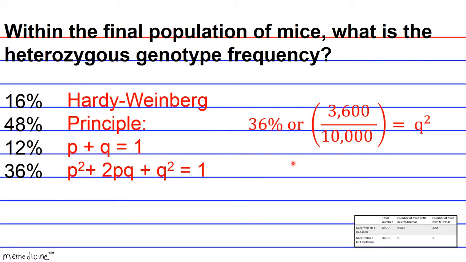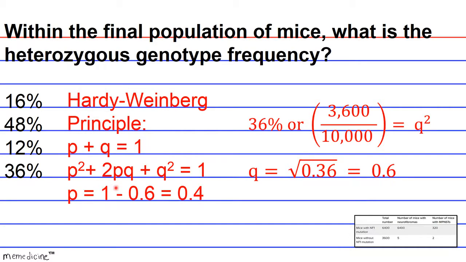So in order to solve for Q, we have that Q is equivalent to the square root of 0.36, or the square root of 36%, which is going to yield 0.6, okay? And the proportion of the population with the heterozygous genotype, again, is going to be equivalent to 2PQ.